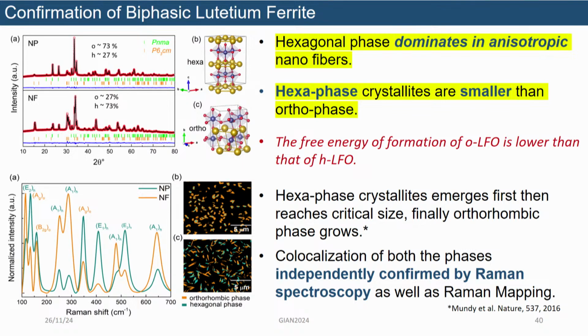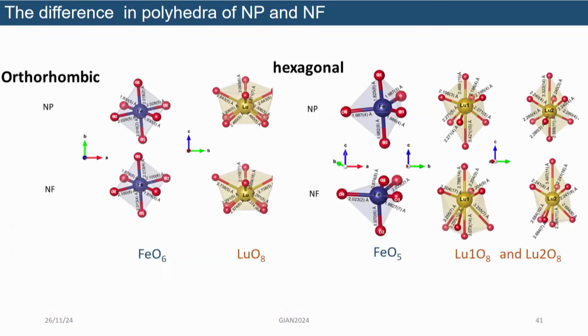Now we also investigated Raman, and we found that in both cases orthorhombic and hexagonal phases both exist. Next, we tried to see what the distortion in the octahedra is. So, using Rietveld analysis, we also checked the bond lengths here. X-ray diffraction is a powerful tool, you can do so much with it.